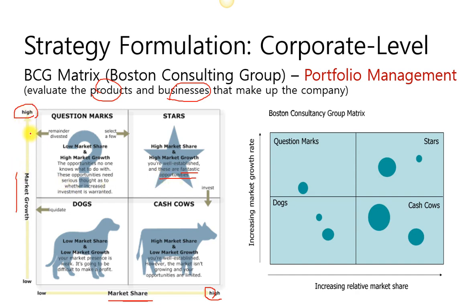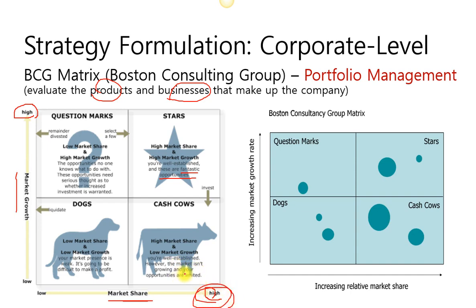Whereas let's say the market growth is low. It's not growing rapidly, but you have a big share. What's it called? It's called a cash cow. You're well established because you have a high market share.